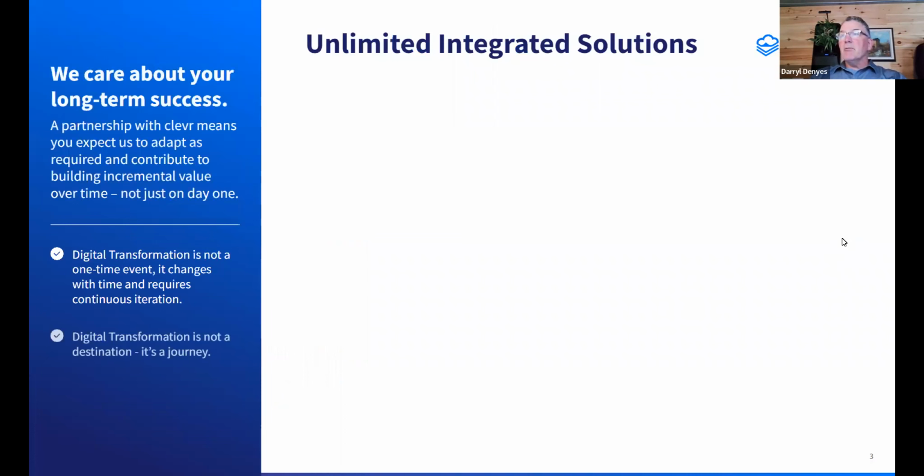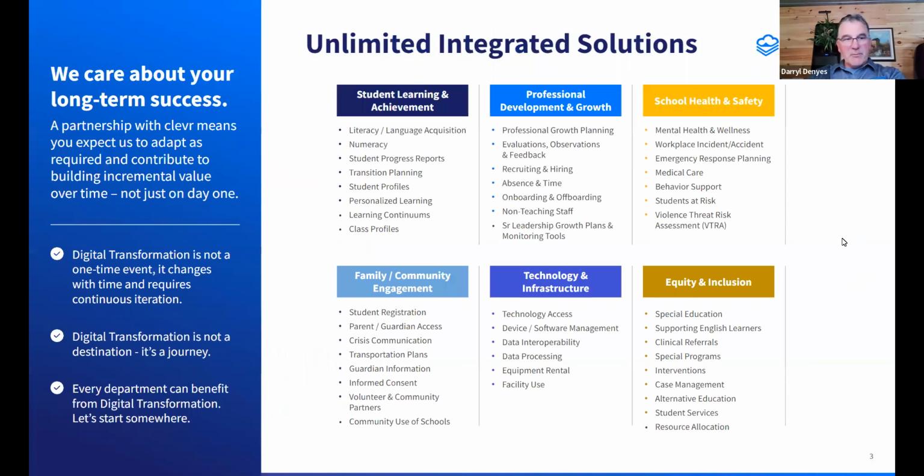When we talk about what we're doing across North America, we summarize it into these 6 solution areas: literacy and language acquisition, numeracy forms, student registration forms, volunteer community partners, special education, equity and inclusion, and clinical services and referrals. We do a lot of work in that area.